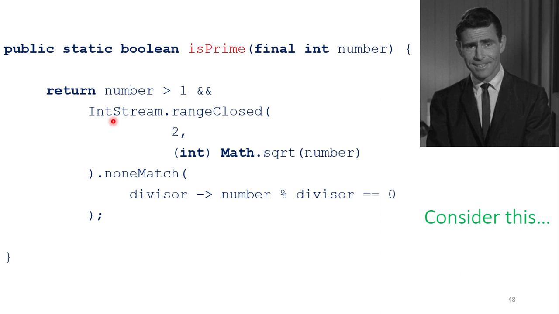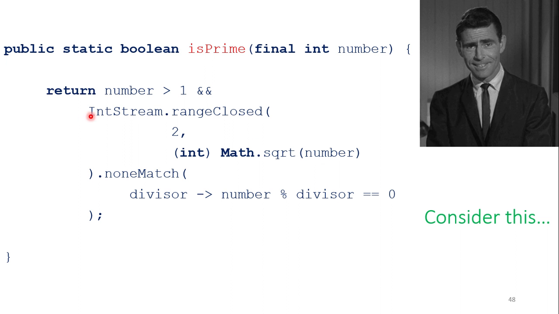The rangeClosed method is going to take two parameters: the value at which we want the range generated as a stream to start, 2, included, and the value at which we want to stop. This value is going to be the conversion into int of the square root of number, so we do a little bit of type casting.